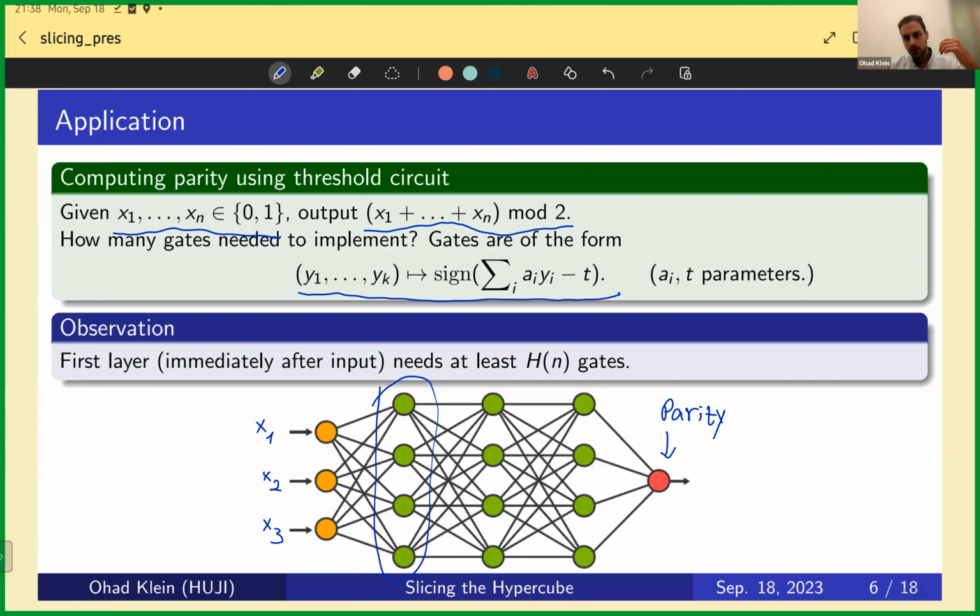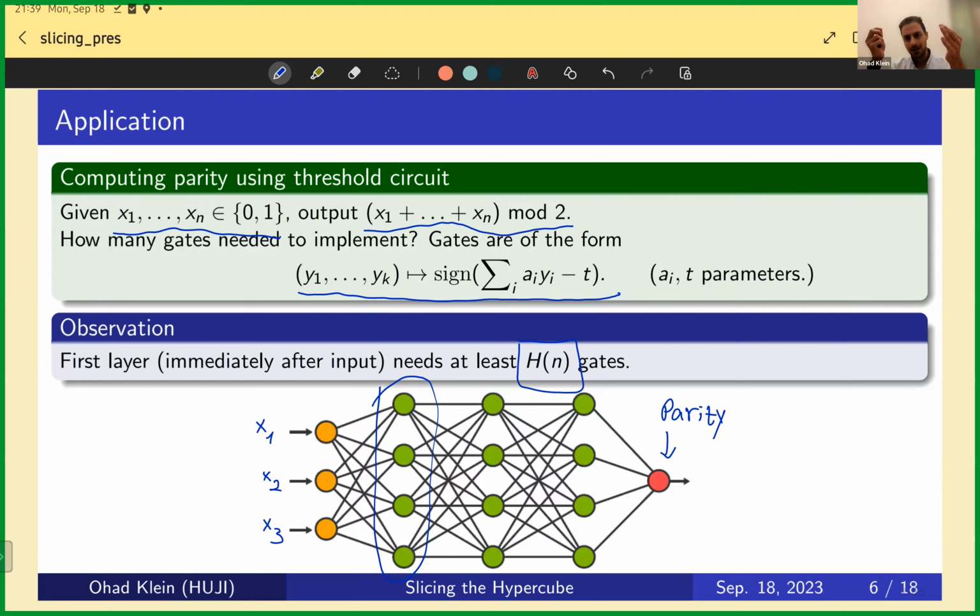So we claim that once we compute h of n, then any circuit that computes parity must have at least h of n gates in its first layer. This is because if we have less than h of n gates in the first layer, then 2 inputs which differ only at one coordinate must have the same value at the first layer of the computation.